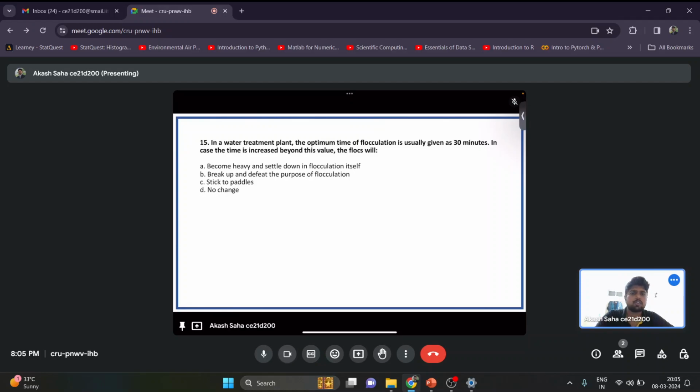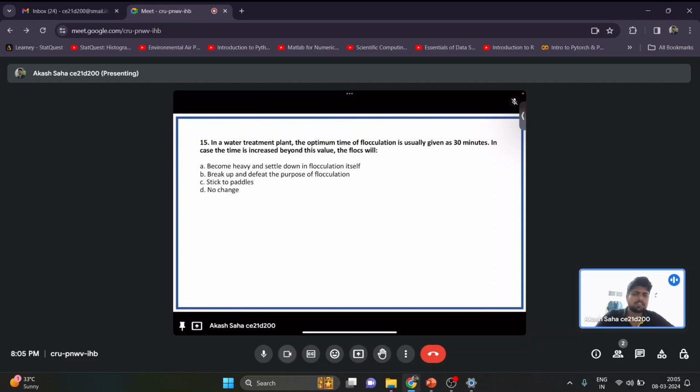So what will be true if we increase the optimum time of flocculation to more than 30 minutes? Just think over it, go through the question again. Will they become heavy and settle down in flocculation itself? Will they break up and defeat the purpose of flocculation? Will they stick to paddles or will there be no change?